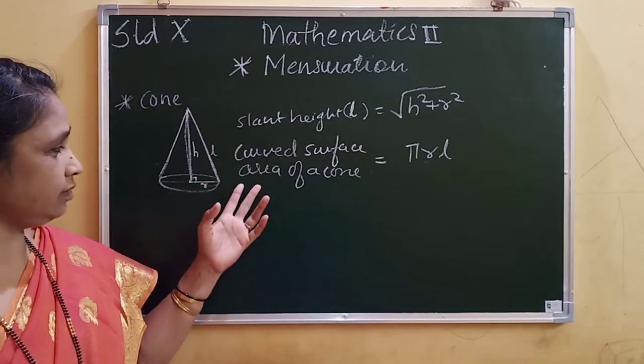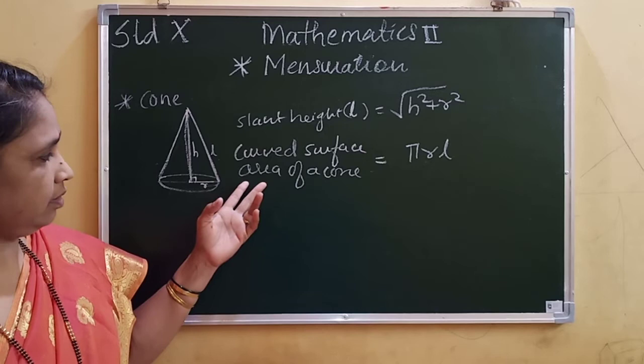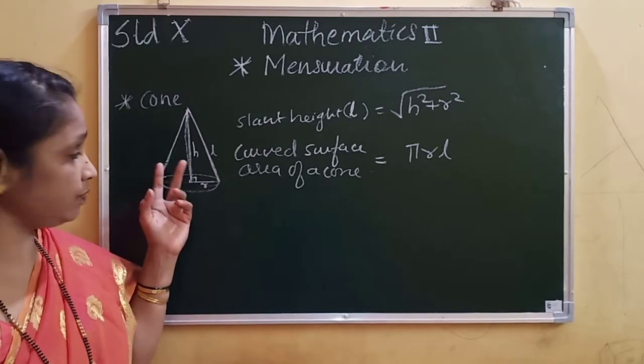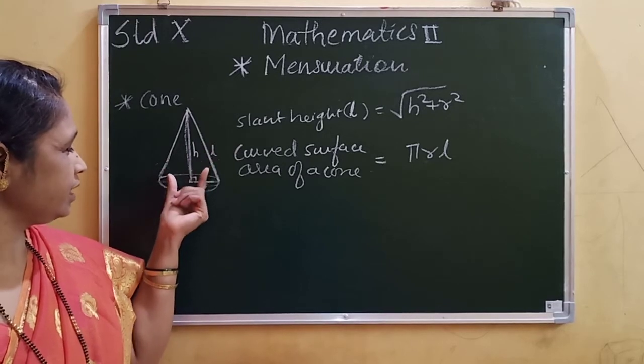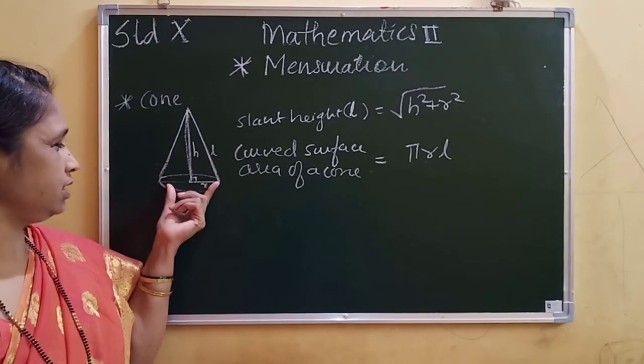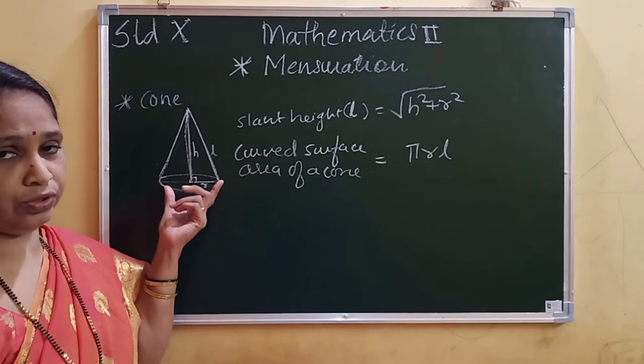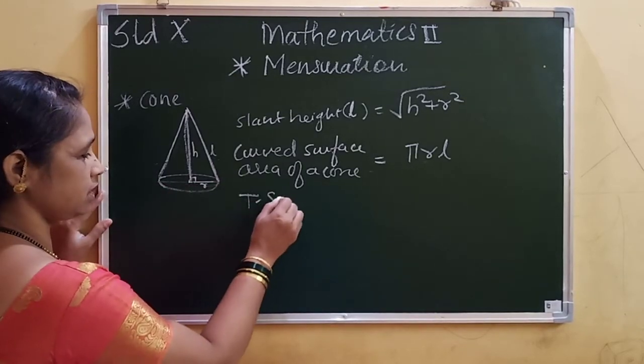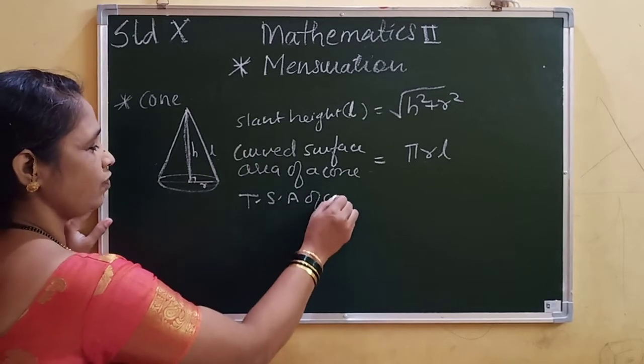Next you have to find out its total surface area. Total surface area means the curved surface area and the base of the cone.